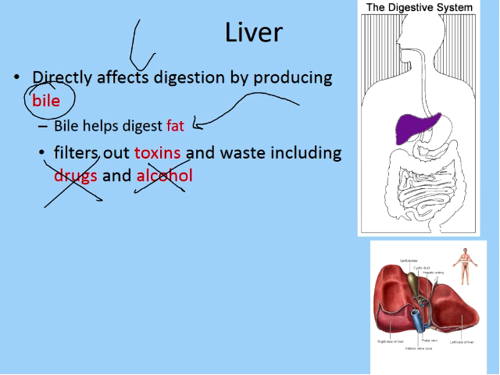Drugs, alcohol, it will clean that out, but it also cleans out other things. Like if you're drinking Coca-Cola or a Monster or Red Bull, there are also things in there that need to be filtered out. Your liver will take care of that.